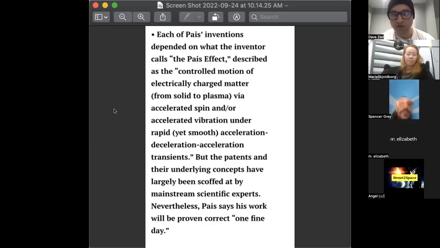But the patents and their underlying concepts have largely been scoffed at by mainstream scientific experts. Nevertheless, Paez says his work will be proven correct one fine day.